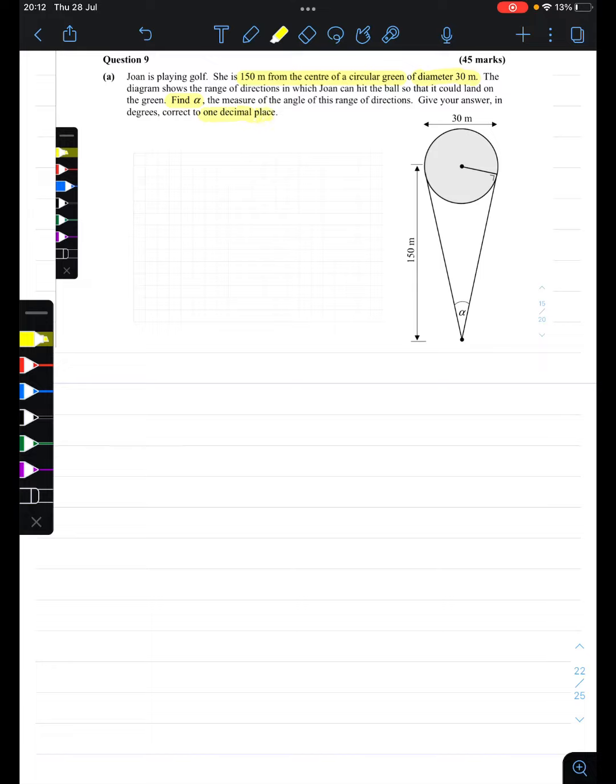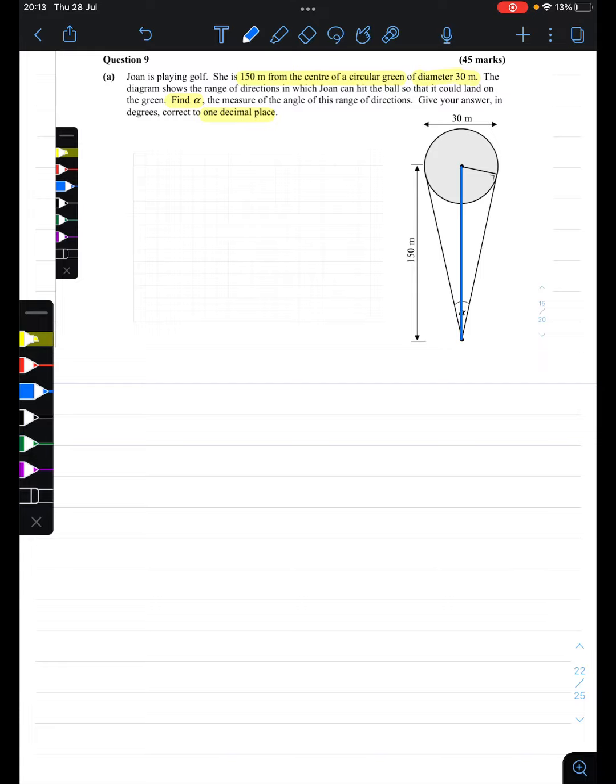Okay, so the information from the question is nicely captured by the diagram itself. So now let's try and see what we can figure out from the diagram. If this is the line from where we are to the center of the green, we actually know the length of this.